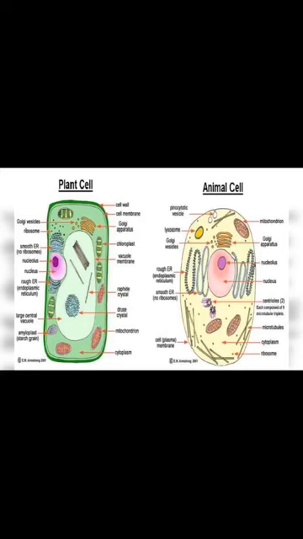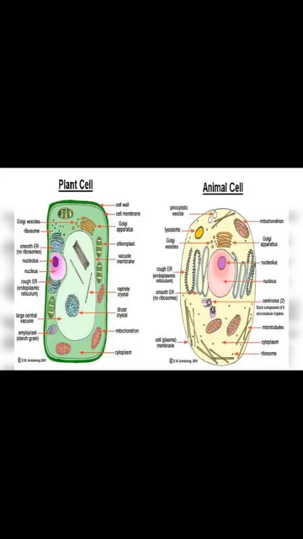Next, these are the main differences between the plant cell and animal cell. What is the main difference? Plant cells have chloroplast, while animal cells do not. Plant cells are rectangular in shape. Animal cells are circular in shape.